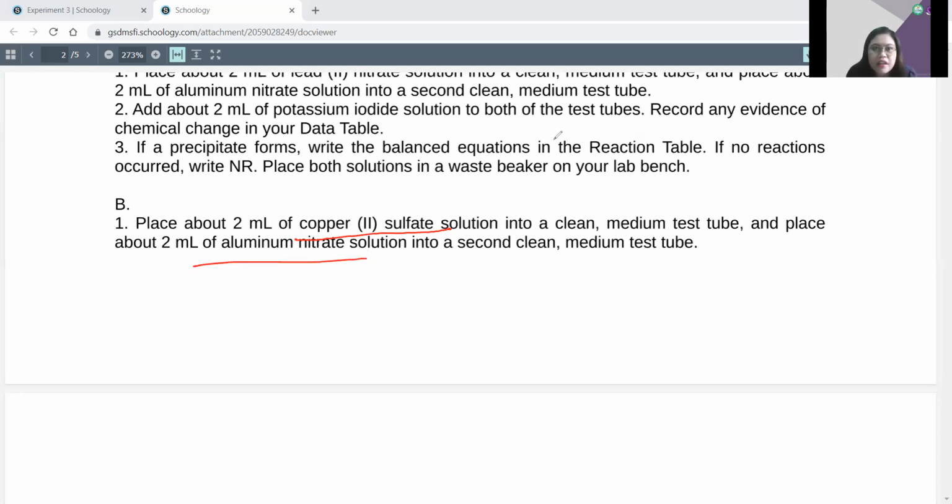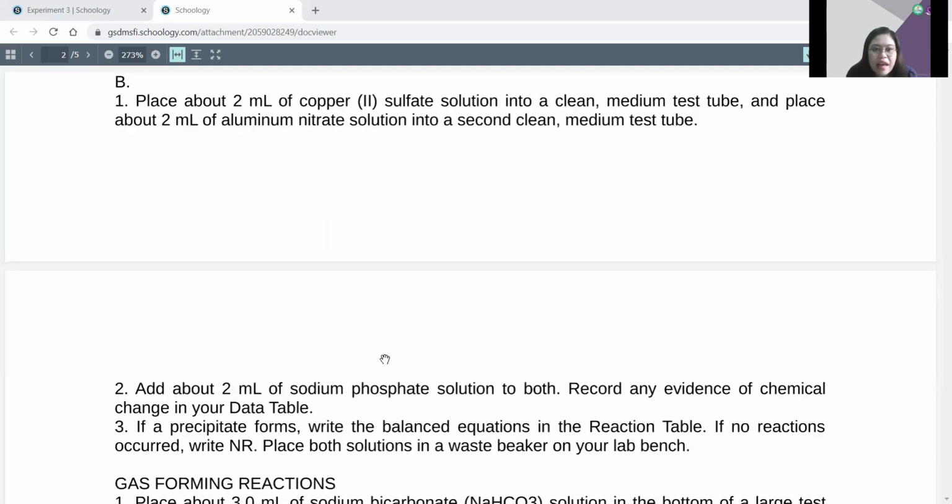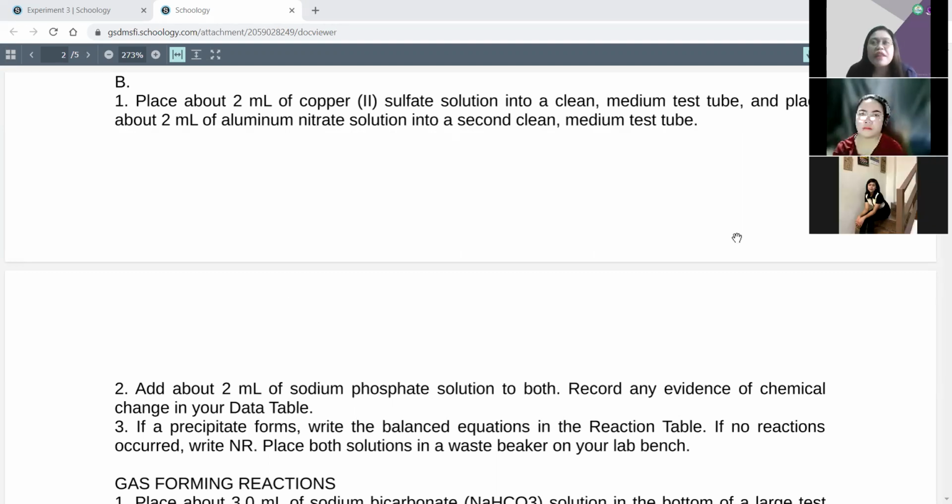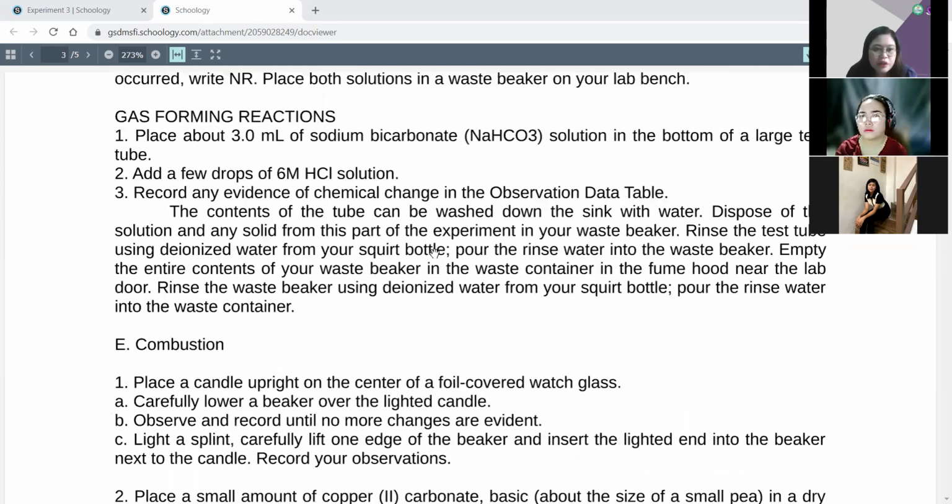And this is again done in a test tube, and then adding sodium phosphate after. So you have to record whether a precipitate is formed or not. So if there is a precipitate formed, then positive, there is a chemical reaction.